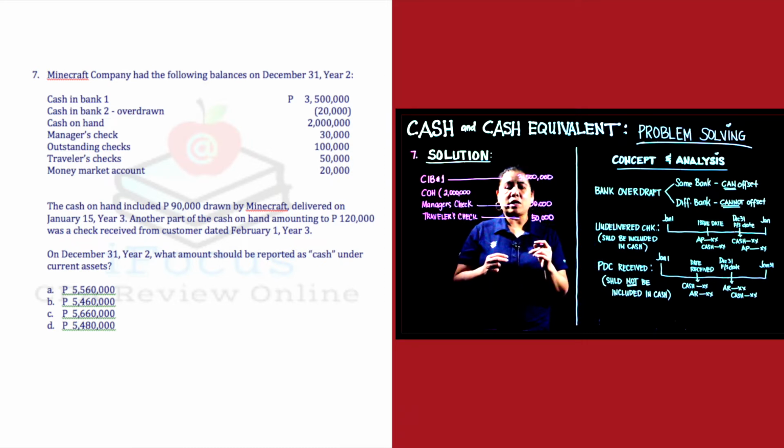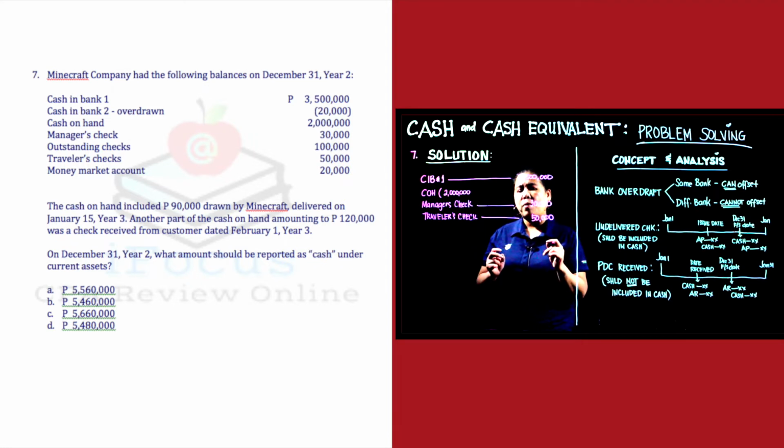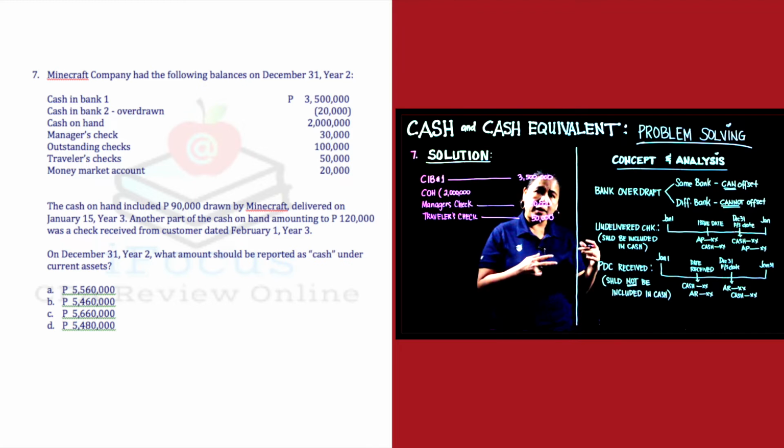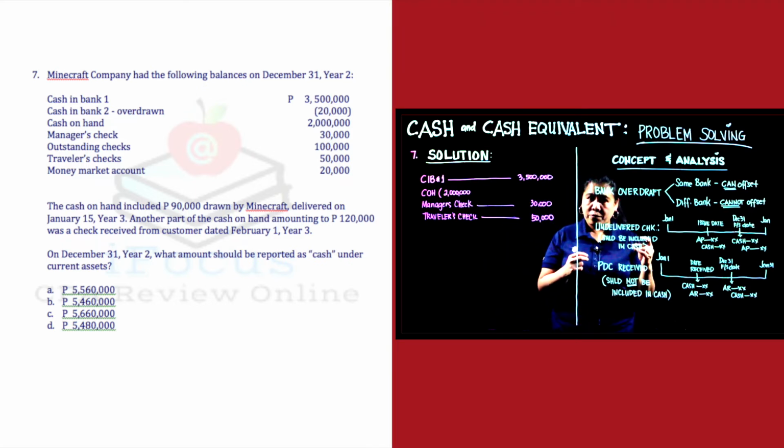Another part of the cash on hand amounting to 120,000 was a check received from customer dated February 1st of year 3. Alright, so ano ito? This is a post-dated check received from the customer. Alright, anong nangyari?